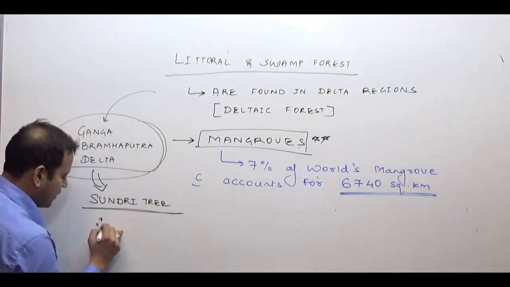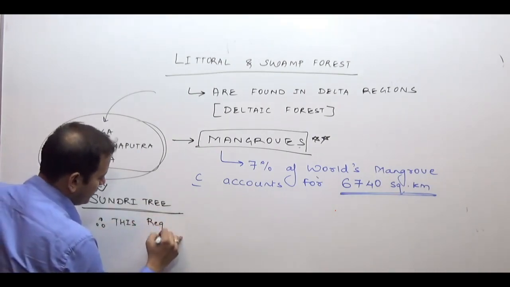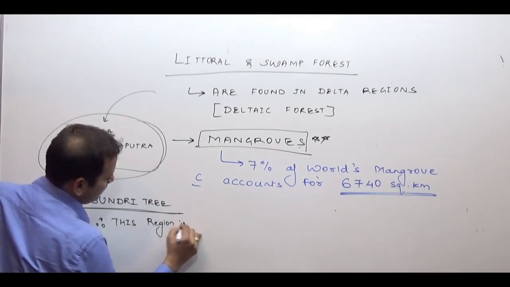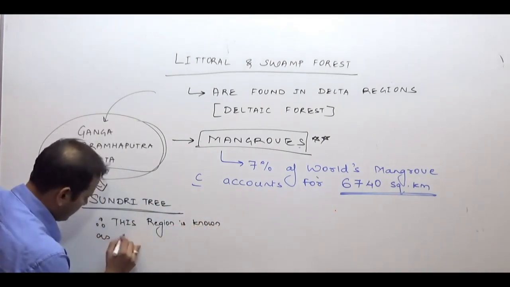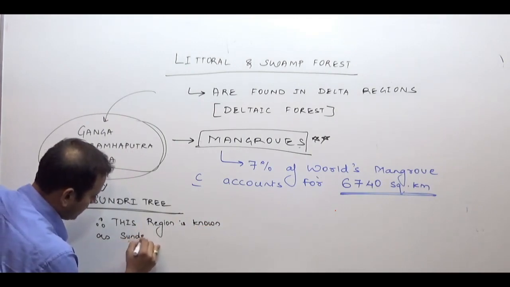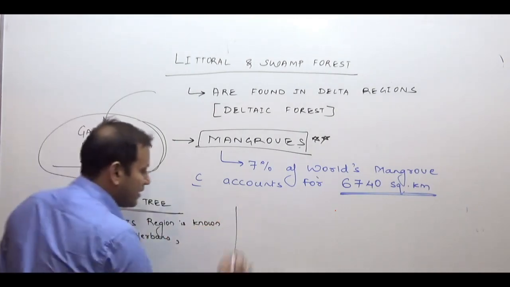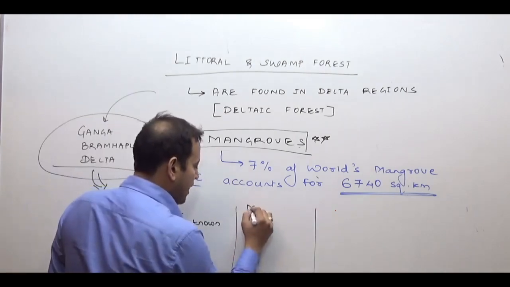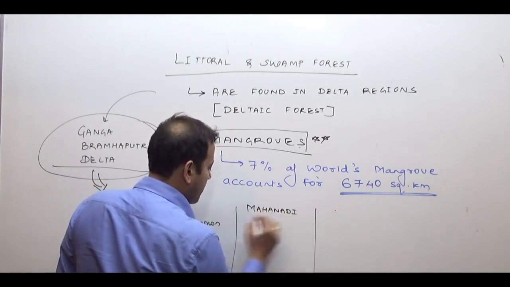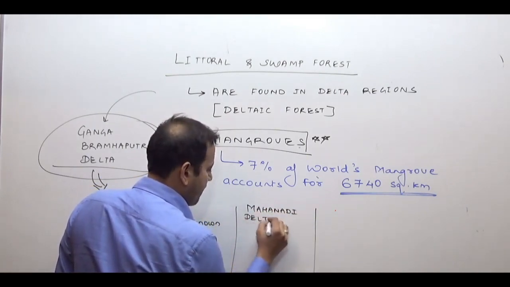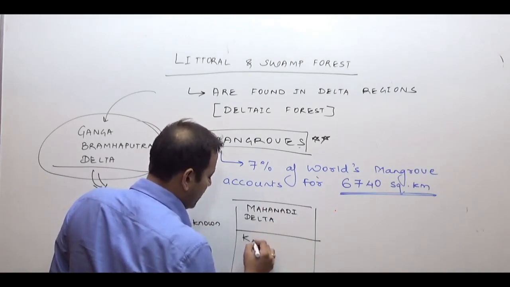And therefore this region is known as Sundarbans. But the mangrove is also found in the Mahanadi Delta after the Ganga Brahmaputra. It is also found in the Krishna Godavari Delta.